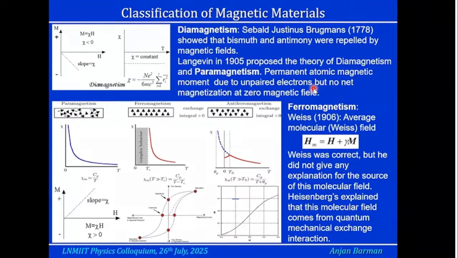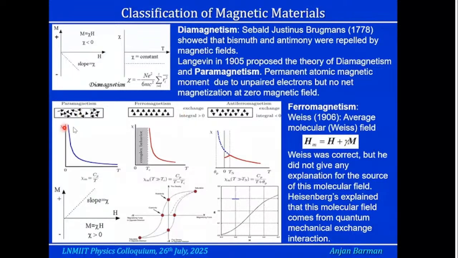That gives you some magnetic moment, but you don't get any net magnetization at zero magnetic field. There is no Curie temperature here. It's a normal paramagnet. In a ferromagnet above the Curie temperature, it is a paramagnet.